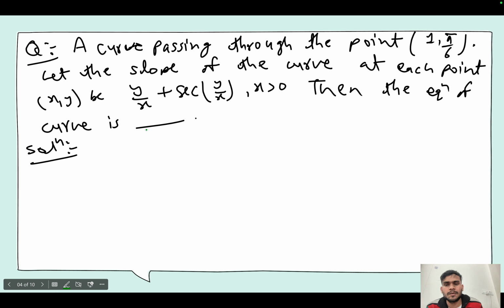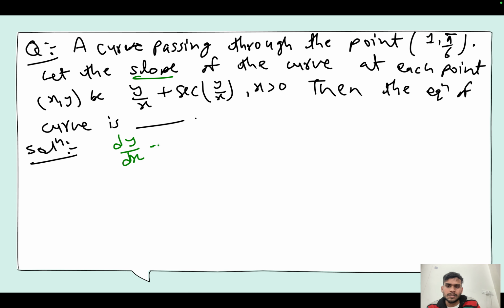This is our example. In this example they have written: a curve passing through the point (1, pi by 6). Let the slope of the curve at each point (x, y) be y by x plus sec y by x, x greater than 0. Then find the equation of the curve. Slope is nothing but dy by dx.